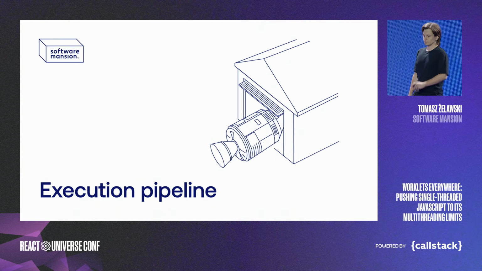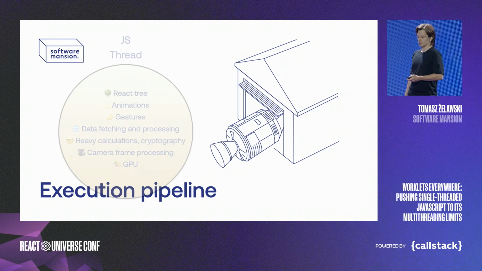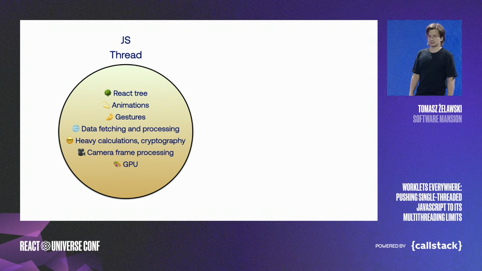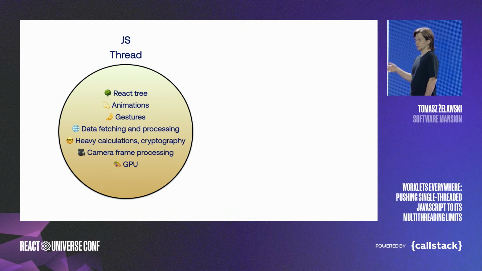We have our JS thread that has all these tasks, and all these tasks are in JavaScript. But the JS thread doesn't run the JavaScript on its own. It needs a tool that actually understands JavaScript.